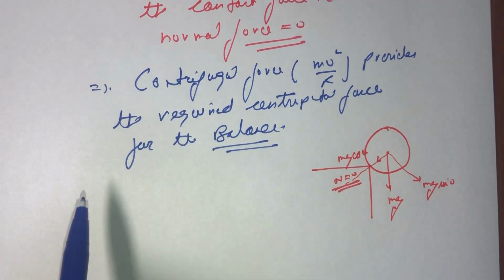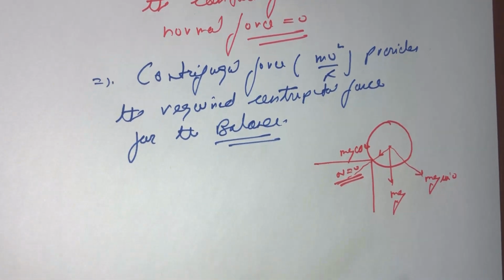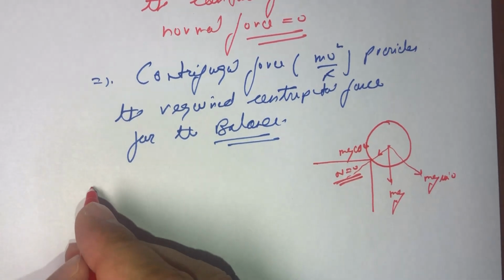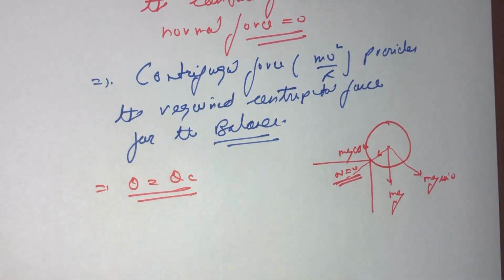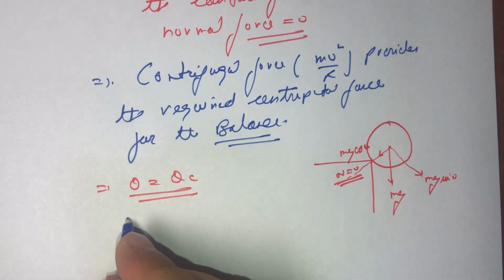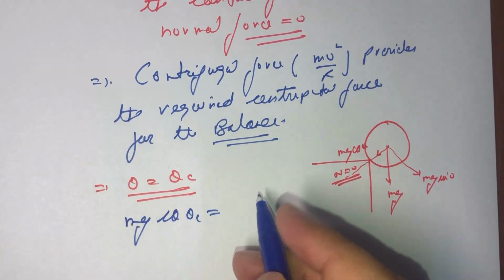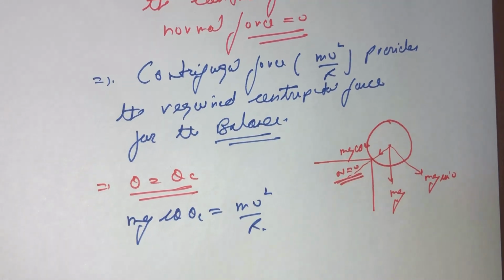So at this angle it says that theta is equal to theta c. At theta equal to theta c, mg cos theta c will be equal to mv square upon r.